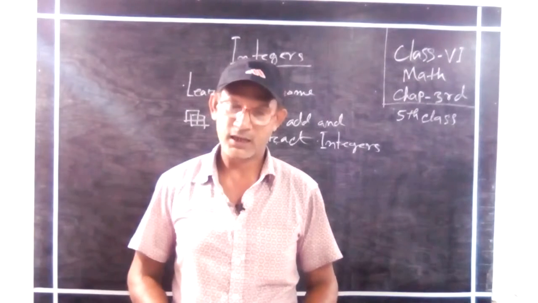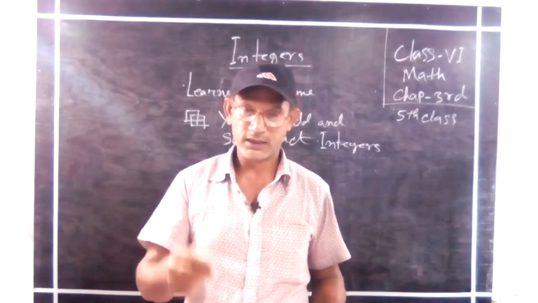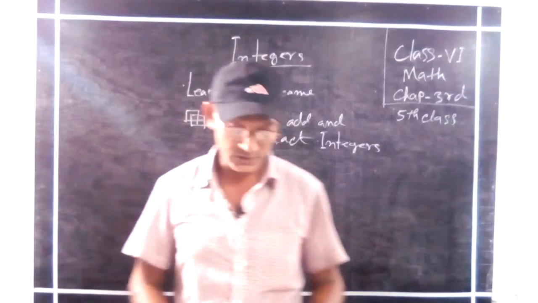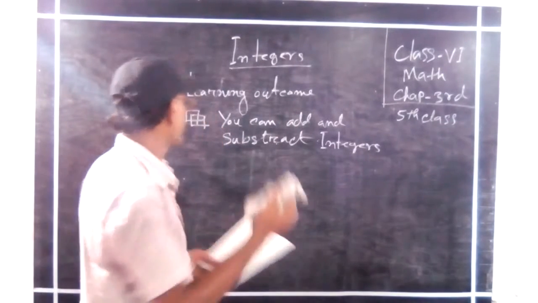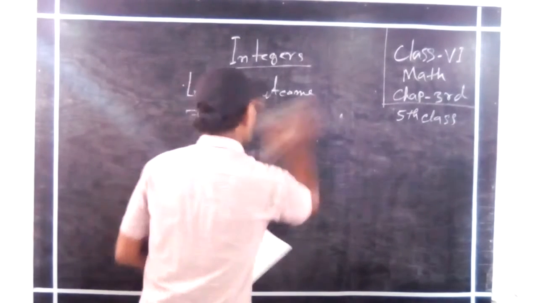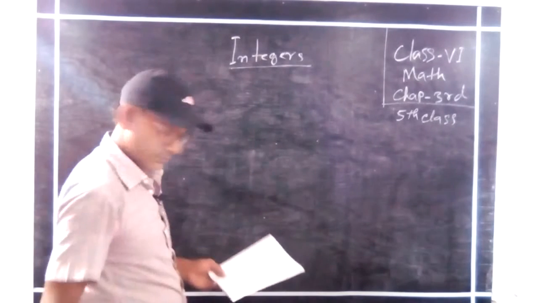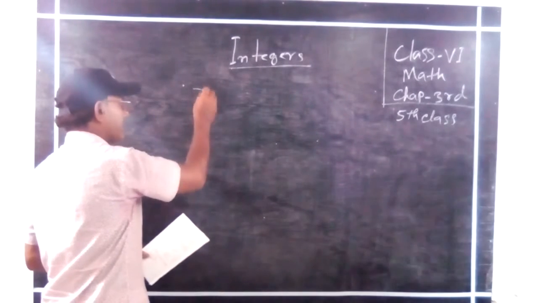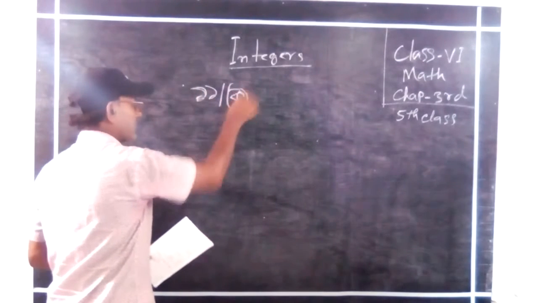But I will do it again for the students who understand less. I use here and wipe it. Attention please. Number 11, first ko.